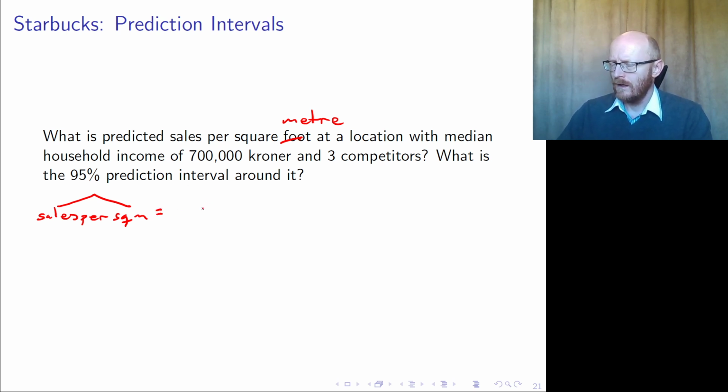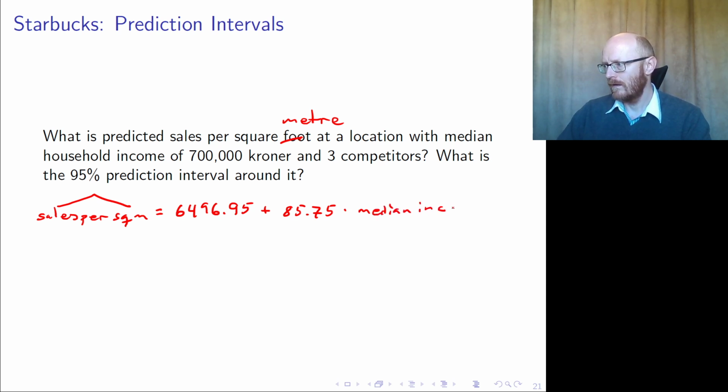That would be the intercept of 6,496, I don't have it in my head, so I'm looking at my cheat sheet, plus the slope 85.75 times the median income, plus or minus 2,601.10 times the number of competitors.